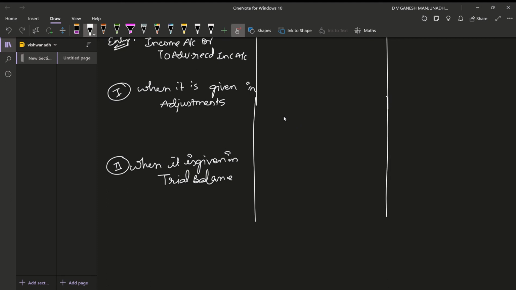Okay, when an adjustment is given, it is to be subtracted from the respective expense. No, not expense, I'm sorry, it is to be deducted from the respective income in the profit and loss account.